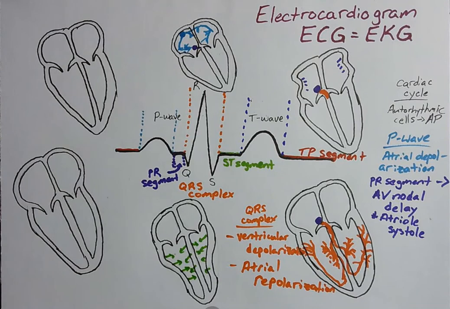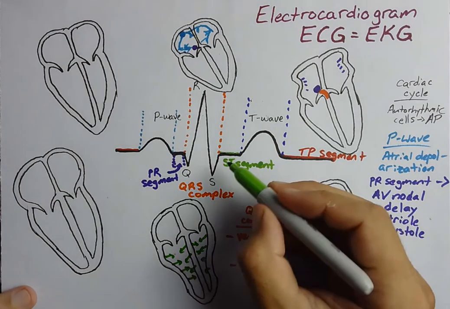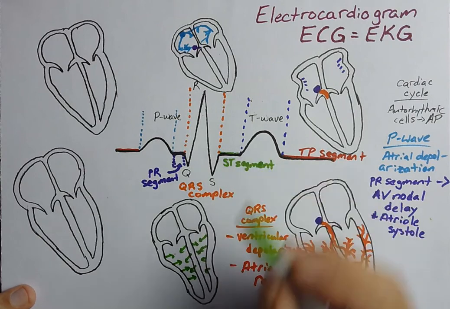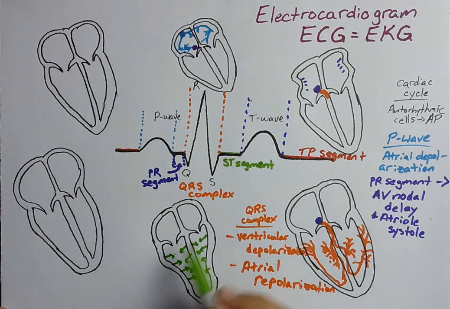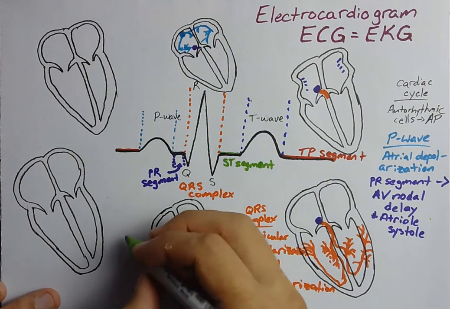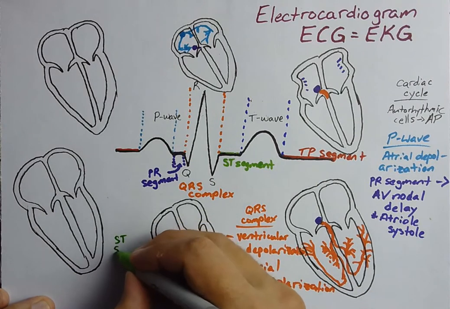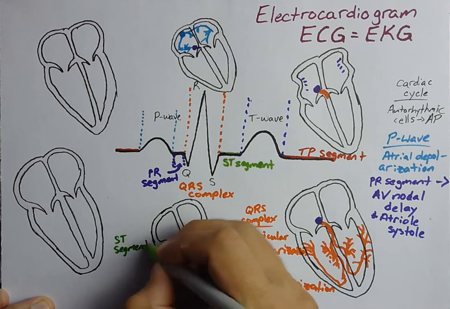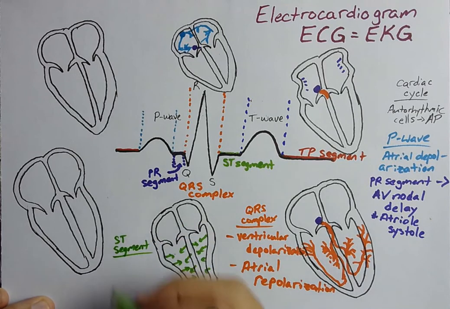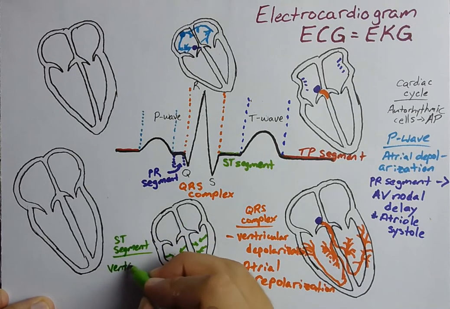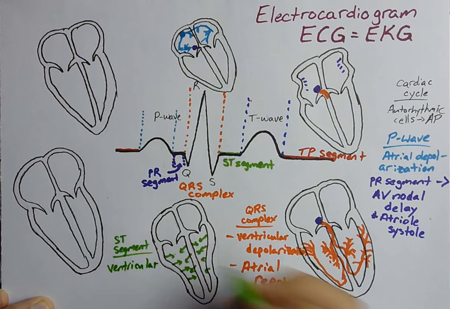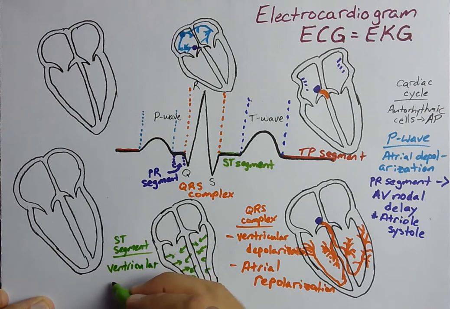This is when ejection happens, and it's going to happen a little bit into the T wave, by the way, but when we look at an EKG, this is the primary location that we are going to think about how the ST segment is the period of time that the ventricles are contracting. Remember, this is called ventricular systole.